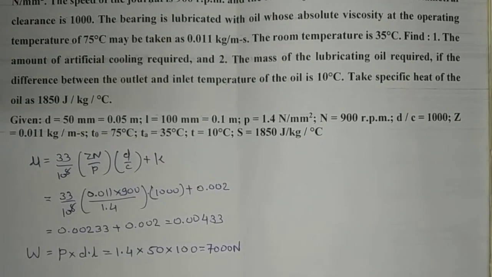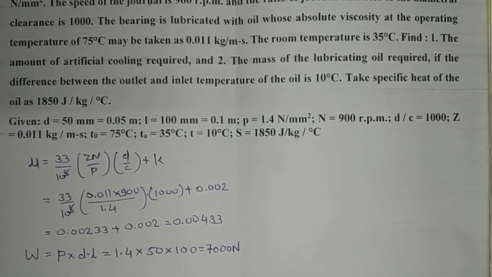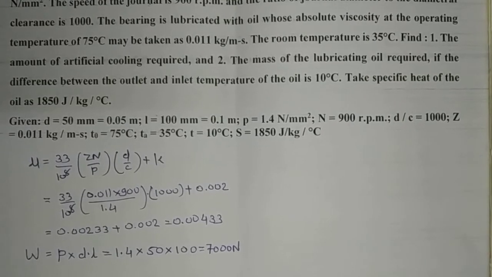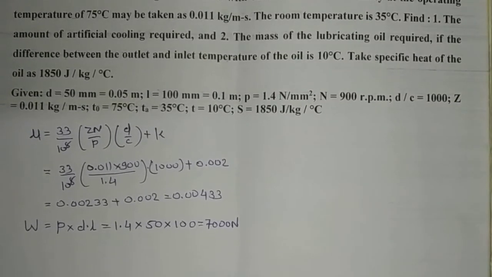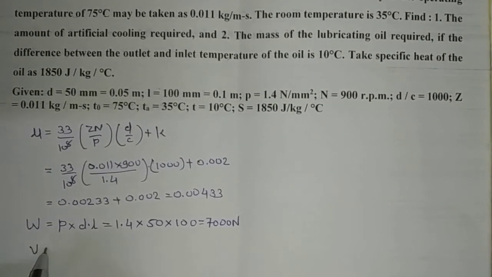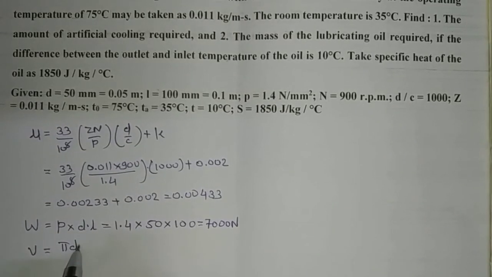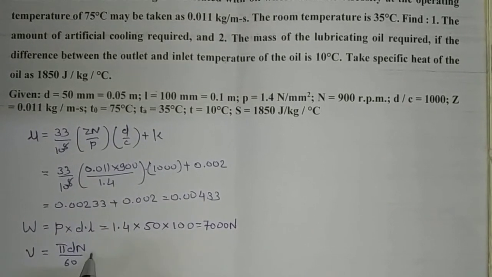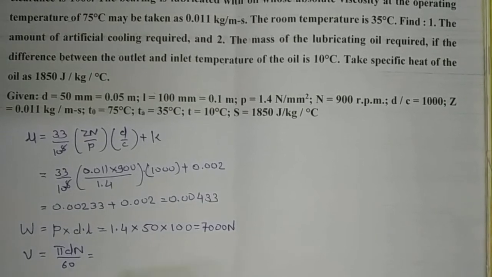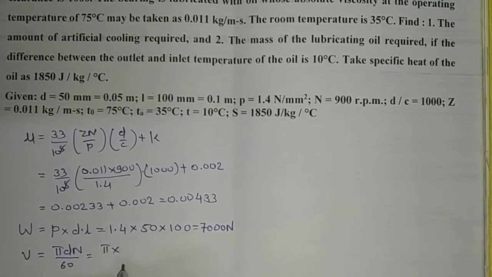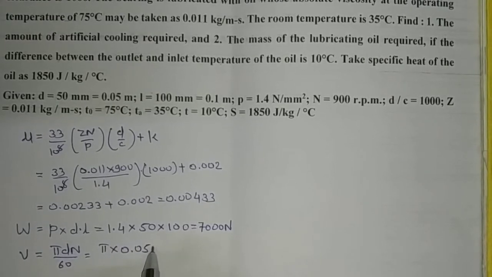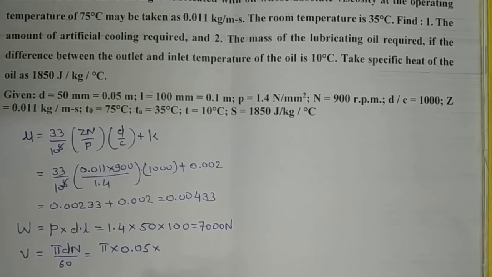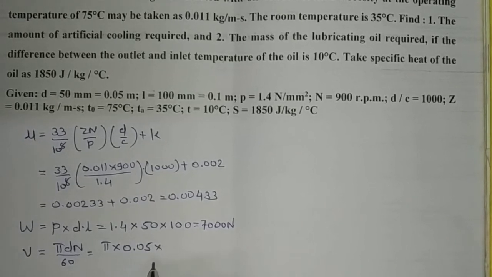Then we have to find the rubbing velocity V. You know that the rubbing velocity V is equal to pi D N by 60. Now put the value in this equation: pi, diameter 0.05, since the value of V is in meter per second, we have to put the value of diameter in meter.